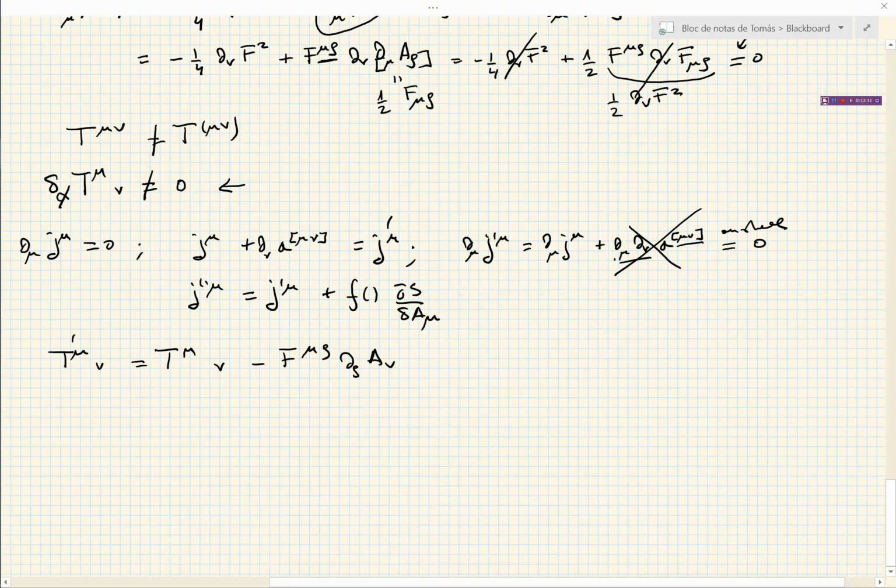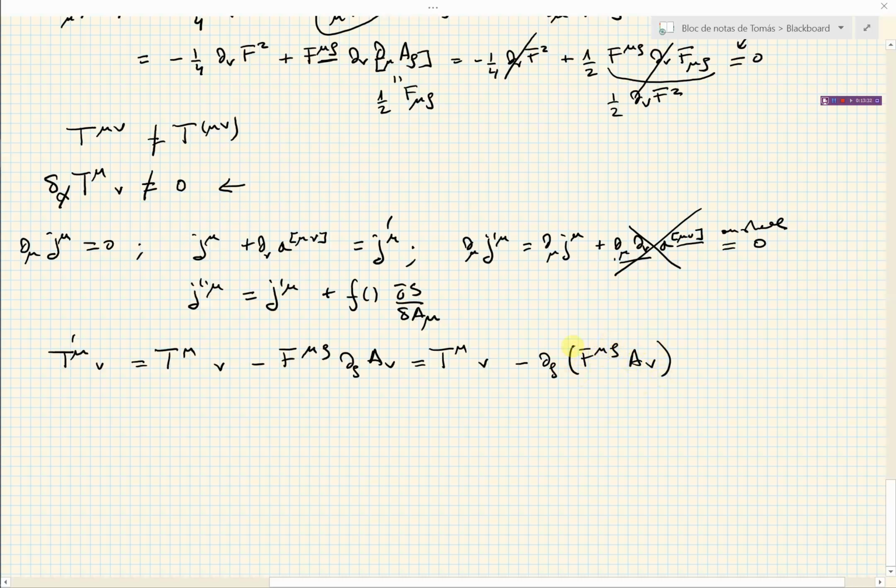Okay, so this is the motivation of adding this, but observe that this term can be written in this way by integrating by parts. This is partial rho of F mu rho A nu, and indeed this is a term which is antisymmetric in mu rho.